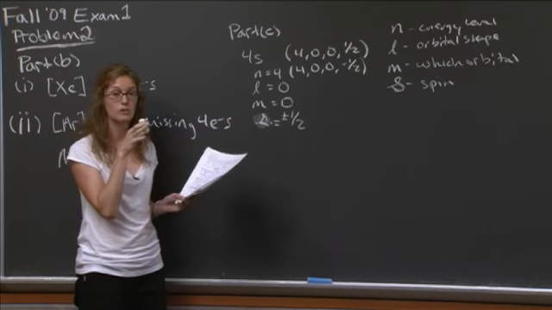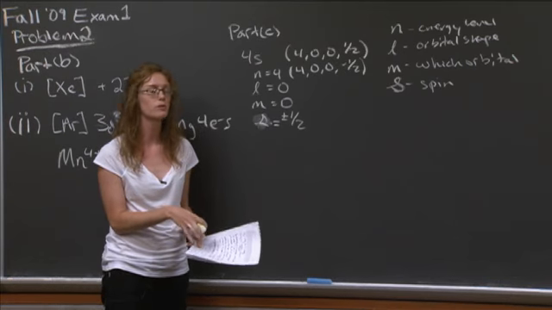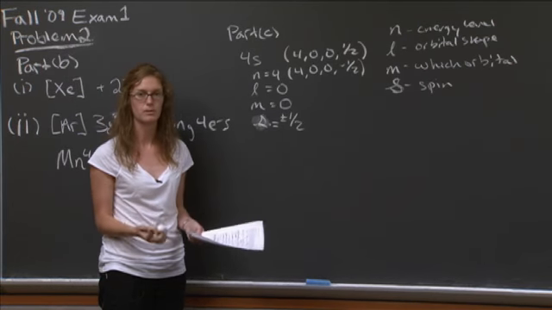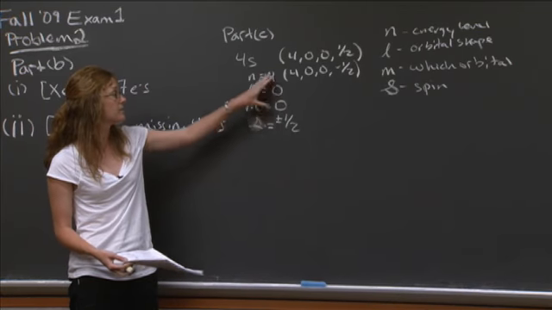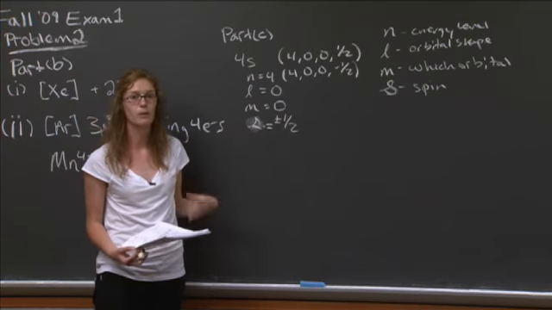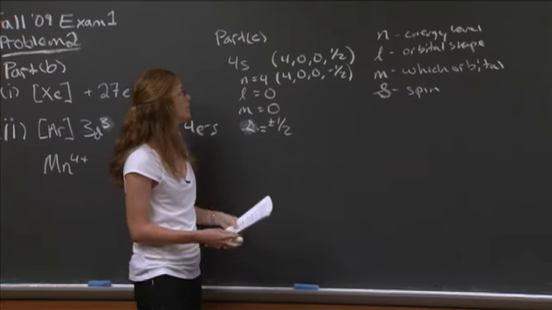3 of them are set by the fact that this is a 4s orbital. The spin can either be plus or minus 1/2. If you're unsure of where I got these numbers and why they have to be such, you may want to review the lecture on that.